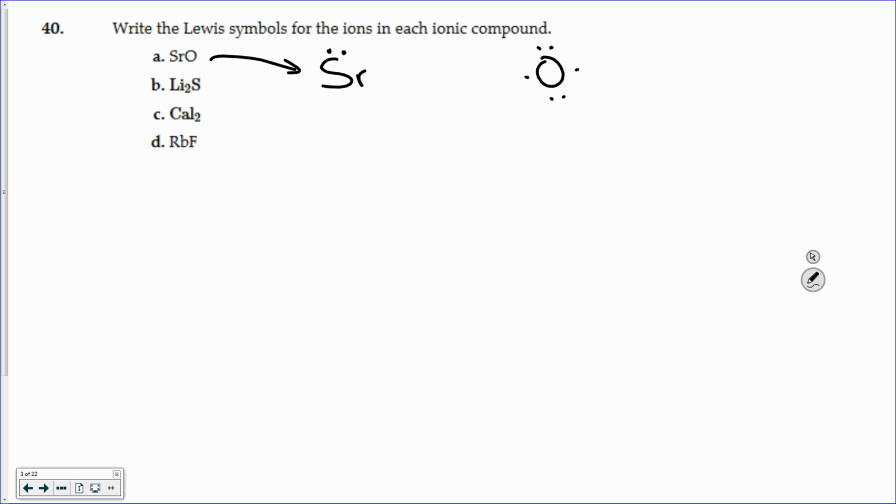And these have some predictable charges with them. So if strontium reacts, strontium's in the 2A family, so that means it forms what charge as a cation? +2. Yep.